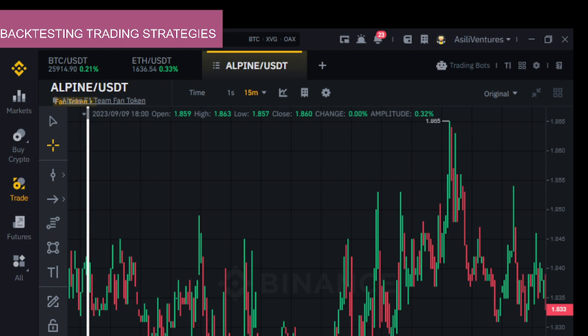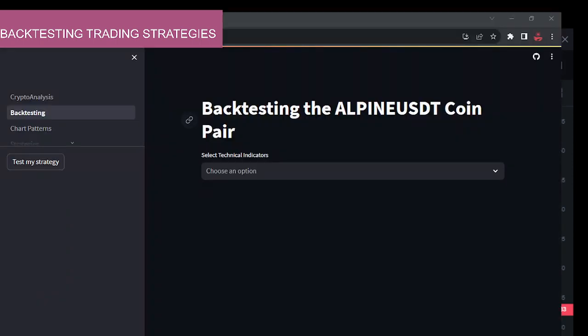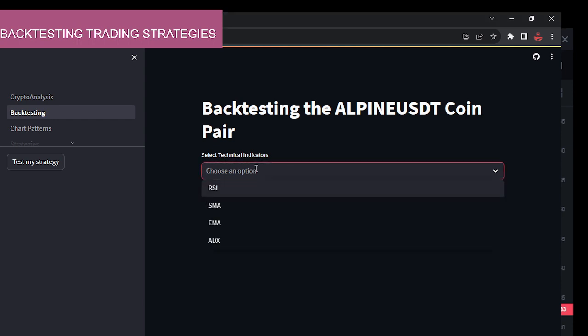Another thing, having selected all those parameters, is for you to come over here. Obviously, you've already identified the kind of strategy that you're working with. In this case, let me work with the RSI.